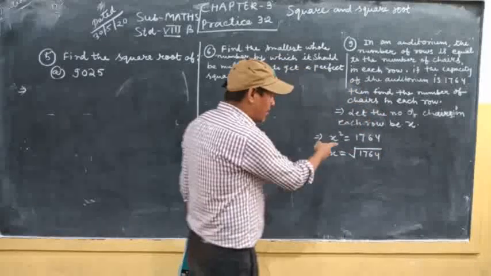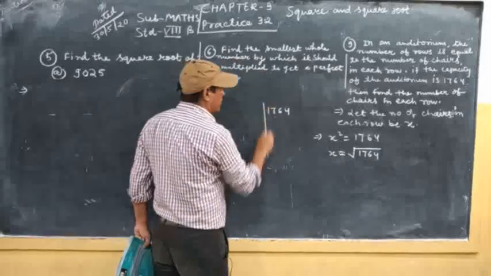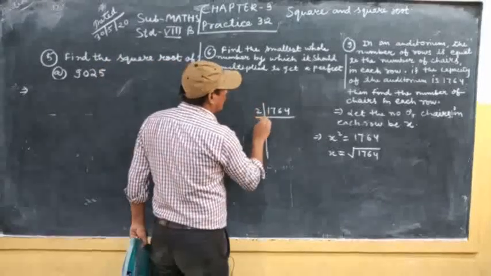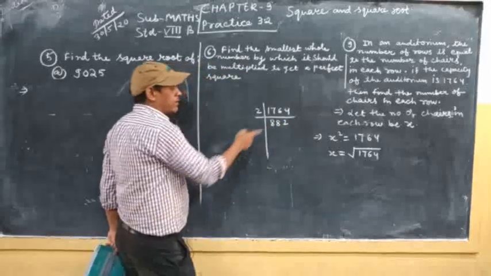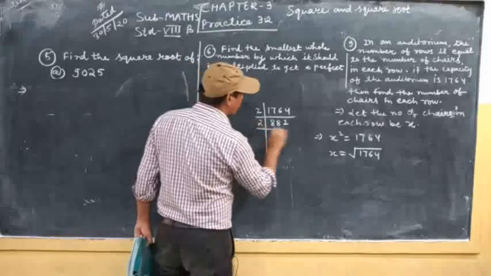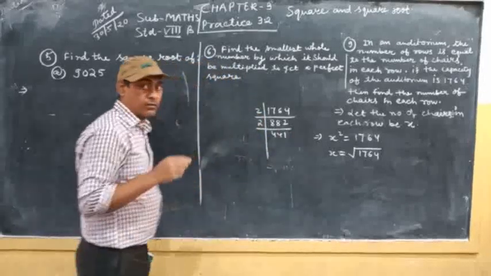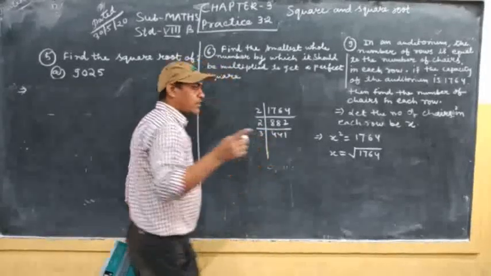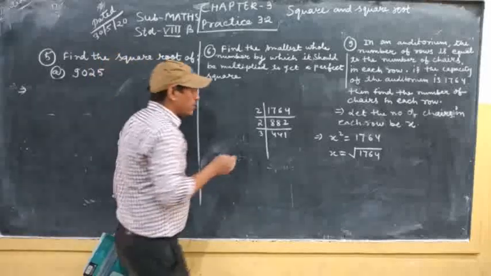We find the prime factors of 1764 here. This number is divisible by 2, so we divide by 2, we get 882. Again 882 is divisible by 2, so we write here 441. 441 is also divisible by 3. As we know that 21 is not a prime number, so we don't write 21 here, we write only 3.